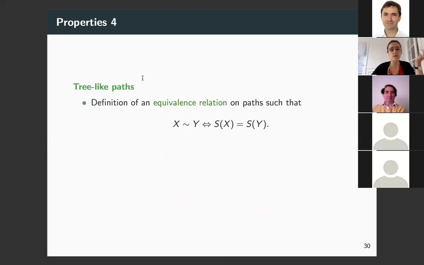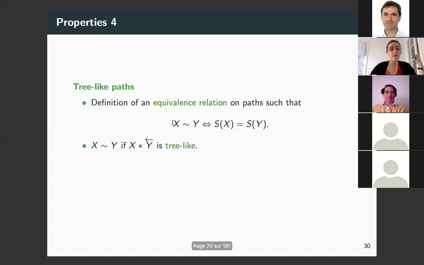To understand how the signature is unique, the paper of Hambly and Lyons of 2010 defined the notion of tree-like path. This basically defines an equivalence relation on paths that corresponds exactly to the paths that have the same signatures.